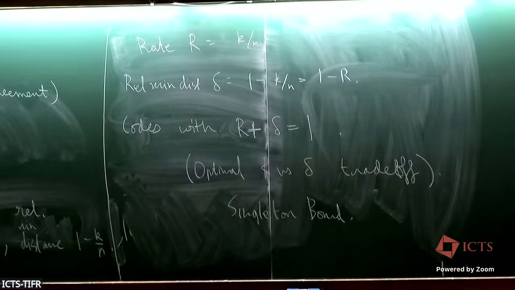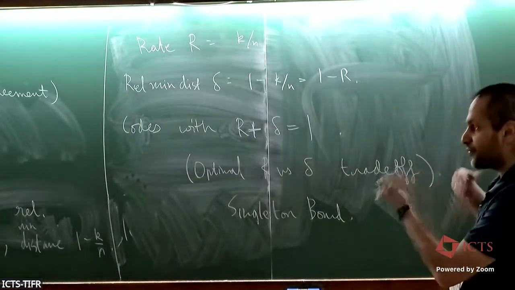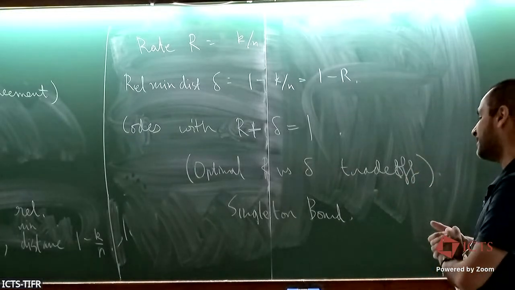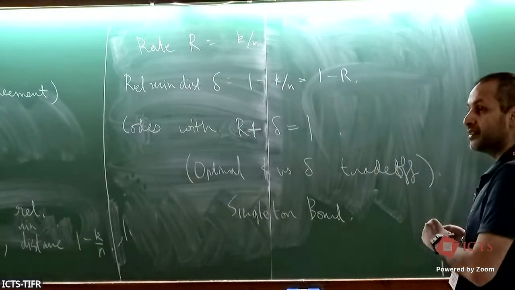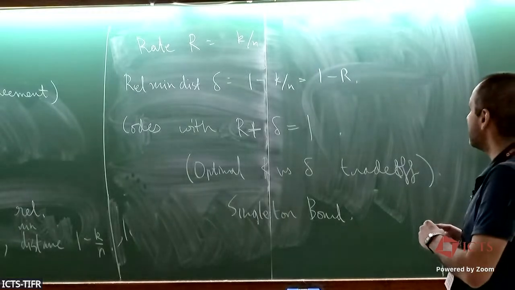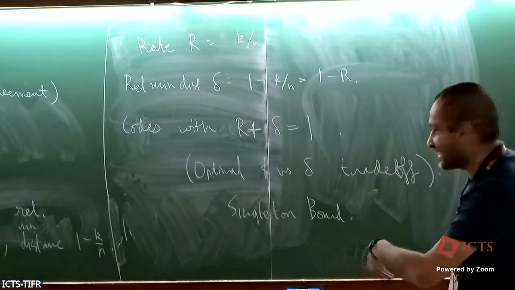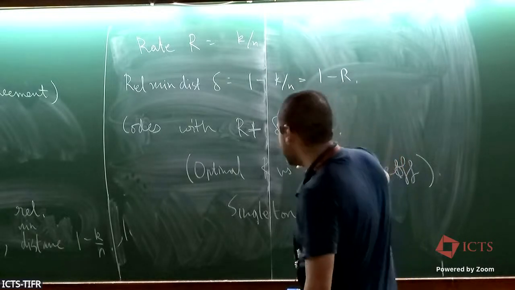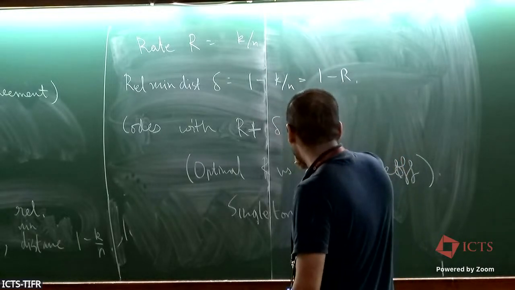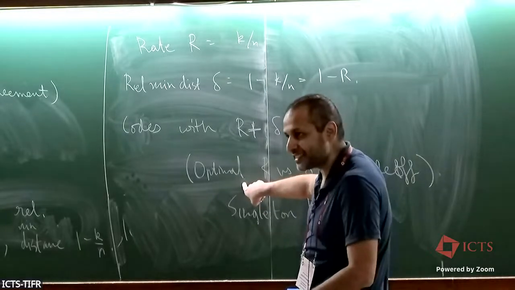Right. So these are codes over a changing alphabet. Ah, yes. Good. So we achieved it with, oh, this optimality is asymptotic.